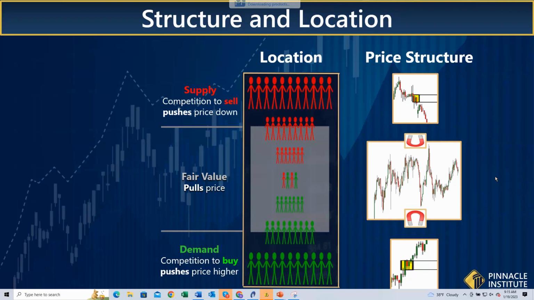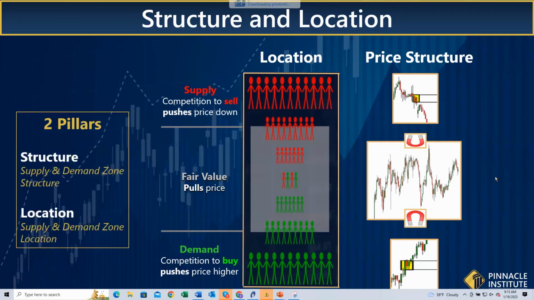That's why our rules focus on two things and two things only, structure and location. If we have a supply or demand zone that qualifies as far as structure, where is it located? So, step one, identify fair value in whatever market you're looking at.